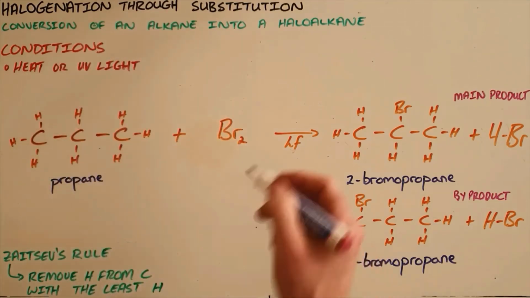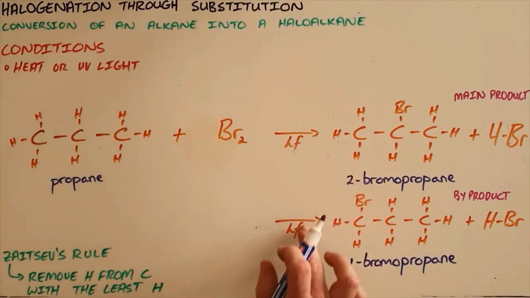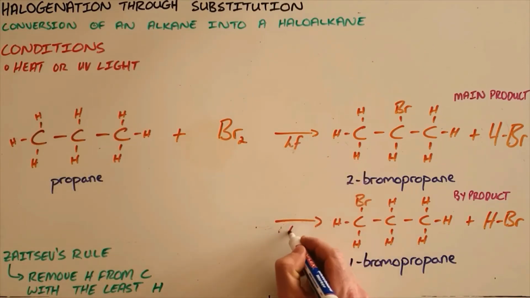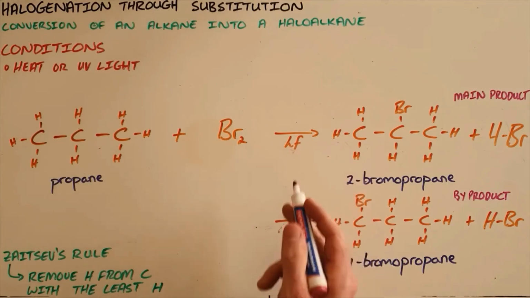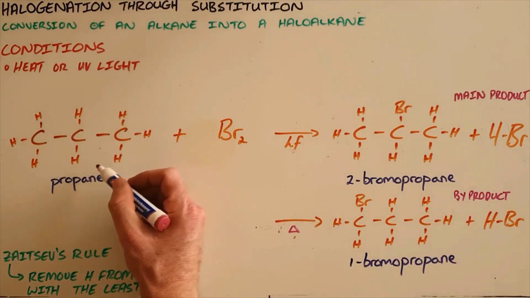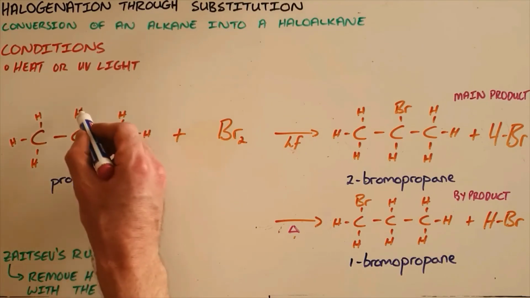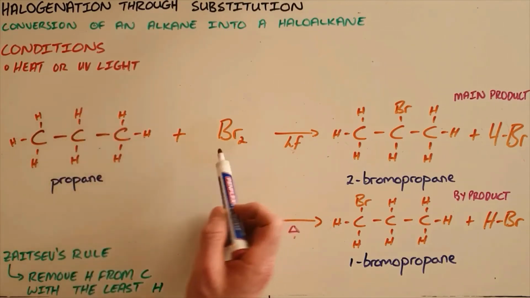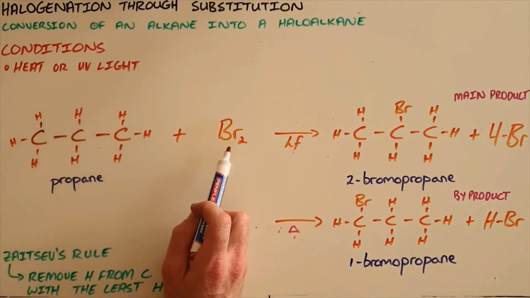So we know that heating a reaction we show with a triangle underneath the arrow, or UV light is shown with the symbol hν. So as an example here, we have the halogenation of propane, where the propane is going to exchange one of its hydrogen atoms for one of the bromine atoms here.